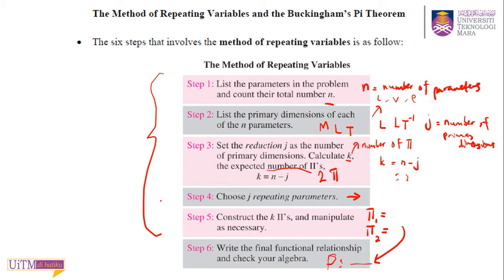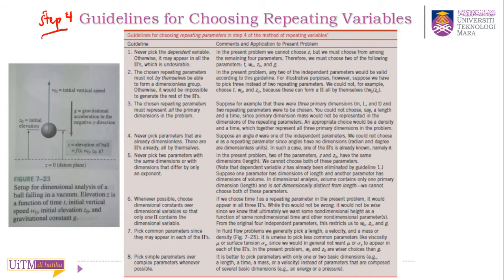Before that, let me explain how we can choose the repeating parameters in step 4. How can we choose the repeating variables? In a question, in a past paper or in the tutorial, normally they will provide you with the repeating variables.